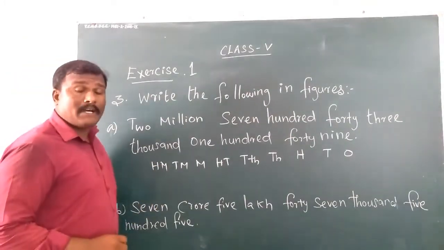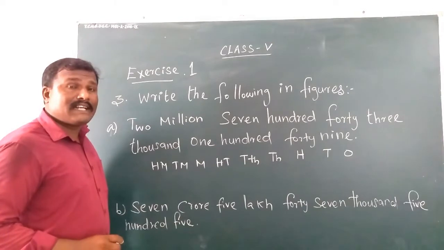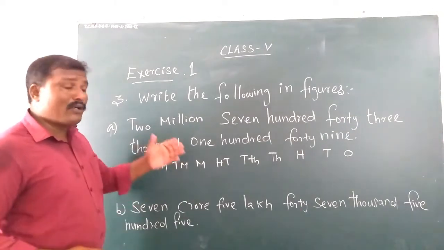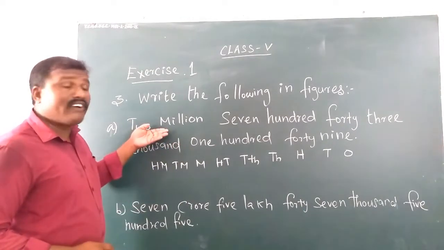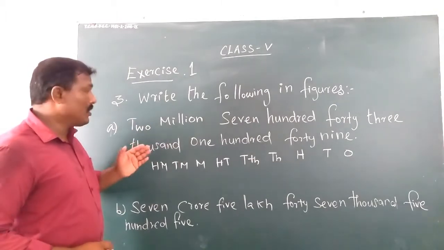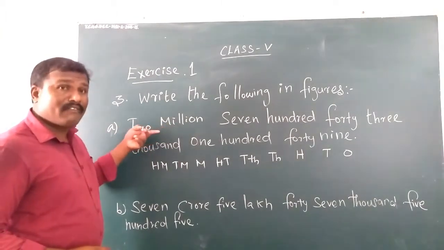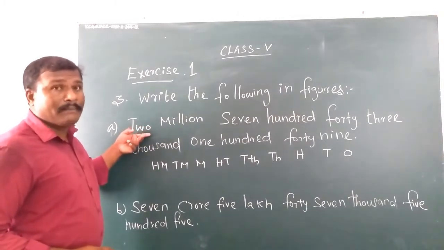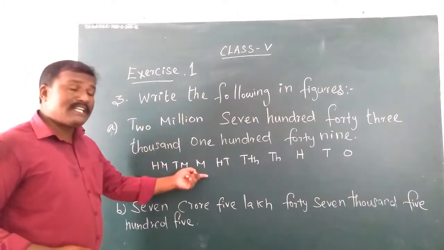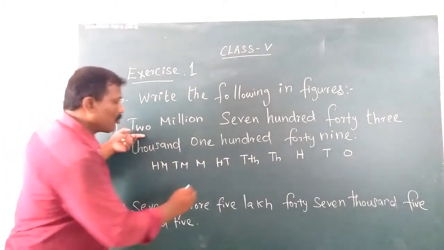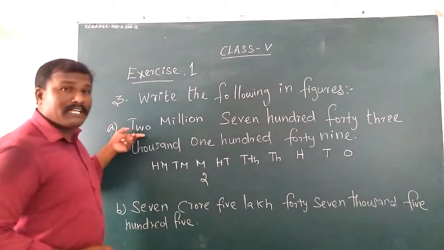Now I want to convert the given words into numeral form. First of all, I will do 2 million. Listen carefully, it said 2 million, it's not 20 million. So 2 million means we have to place it into the million place. So I put 2 into the million place.